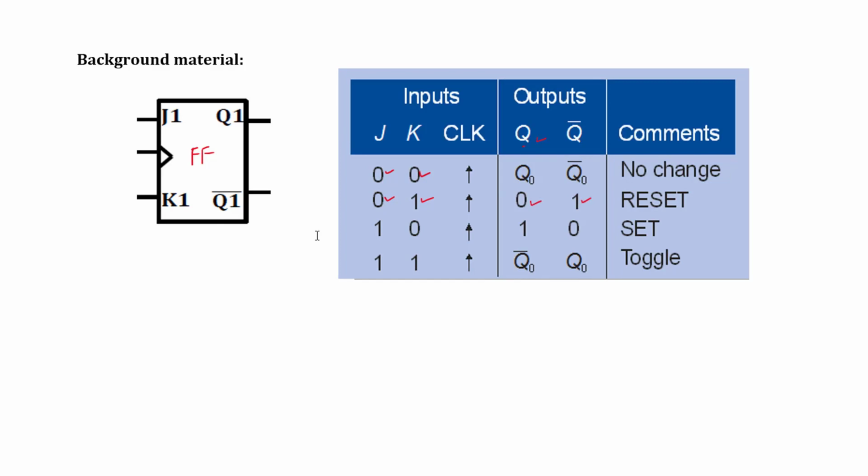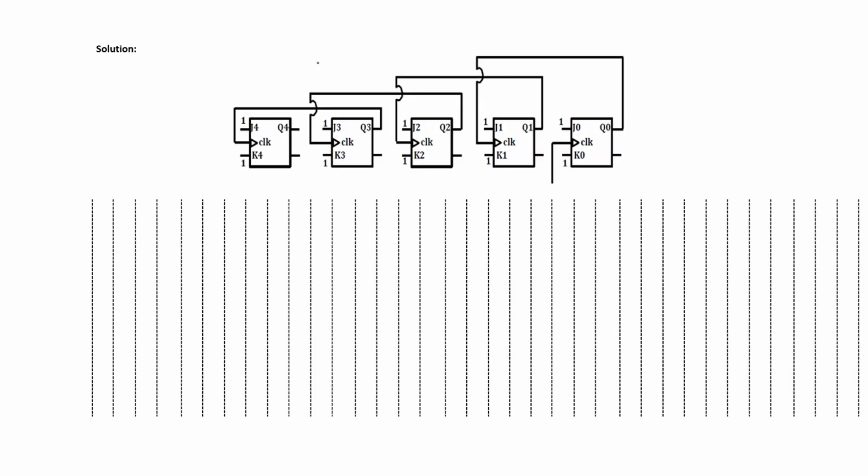For J equals 1, K equals 0, the output Q will be logic 1 and the complement output is 0. So this is also called set. When J equals 1, K equals 1, this operation is called toggle mode. That means the previous value of Q will be complemented. So by using this information, we can solve this problem.